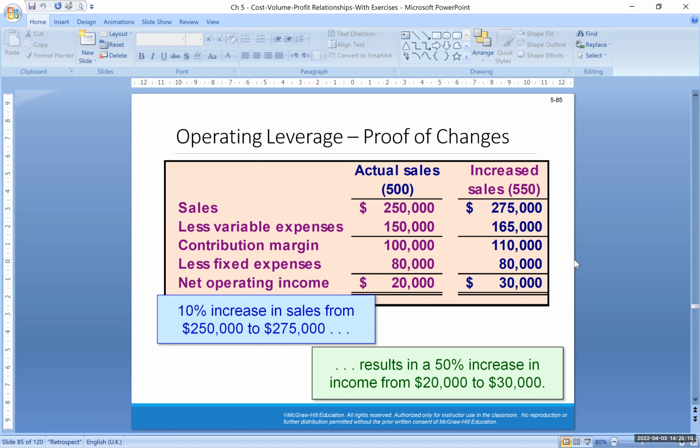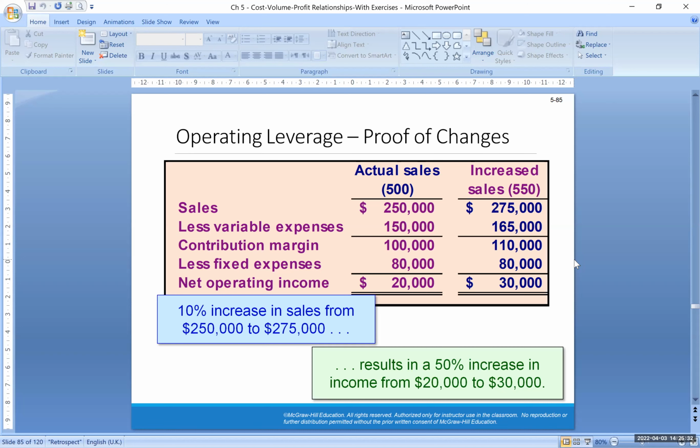The contribution margin for the new level equals the sales minus the total variable costs, which is 275,000 minus 165,000, and this equals 110,000.